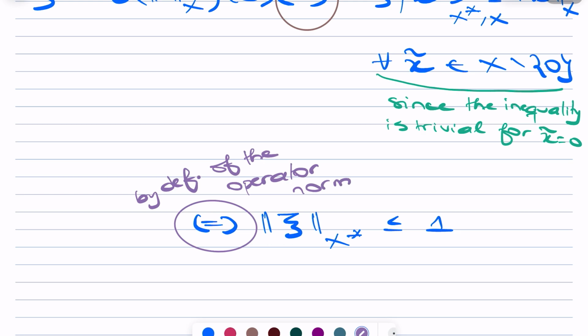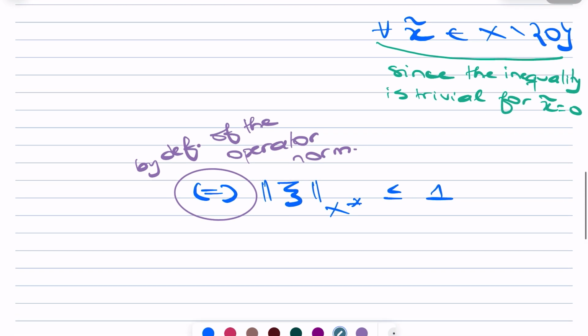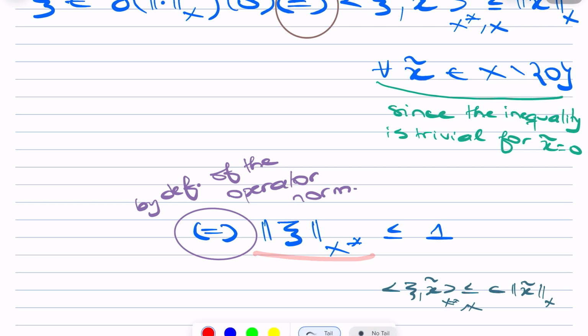Remember that the definition of the operator norm is the smallest constant for which this duality pairing is less or equal than c times the norm of x in X. So this is the smallest constant for which this inequality holds.